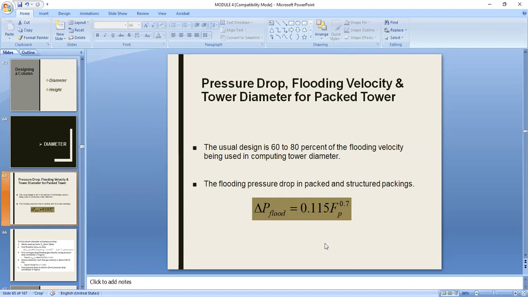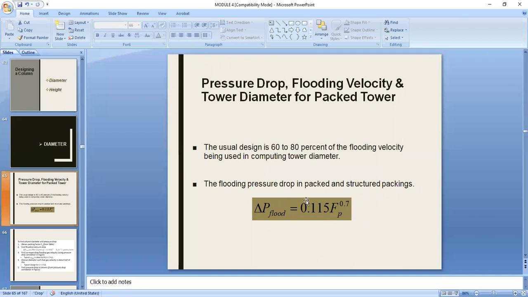What we have in our book in Geankoplis is only around 10 for each of the types of packing material. I'm referring to random and structured packing, but your handbook has several pages on this regarding the different packing materials. Please check on it in the topic on gas absorption.